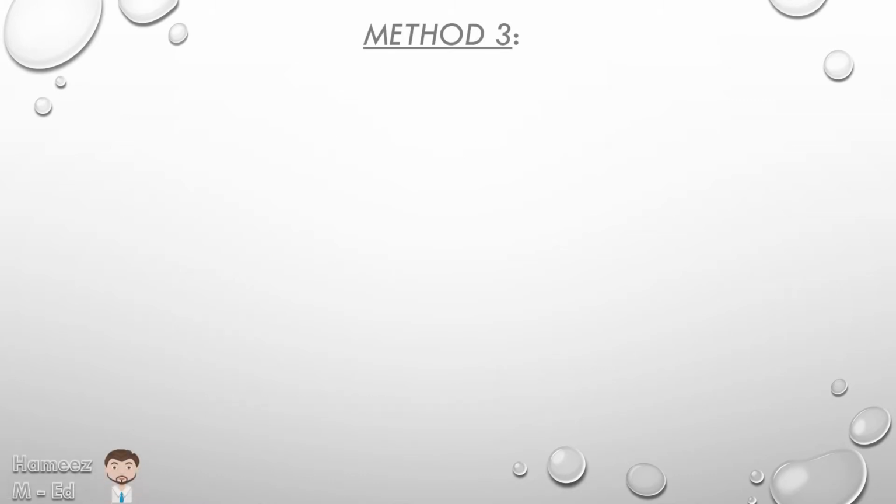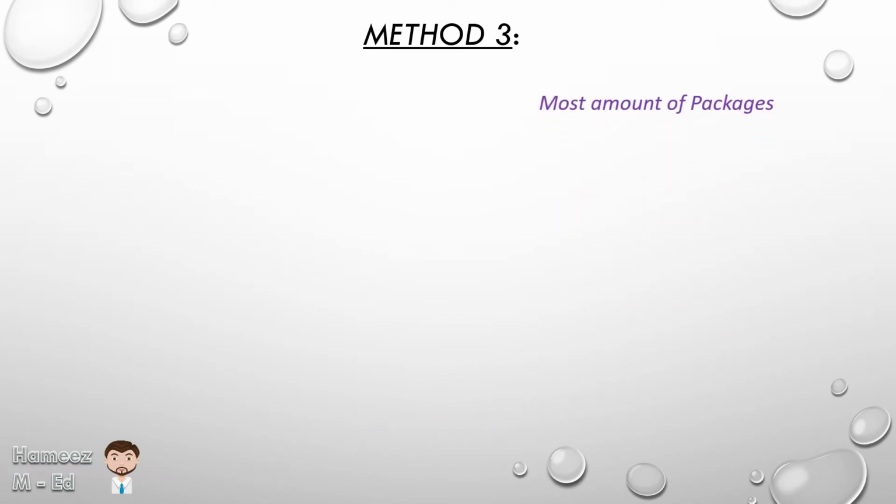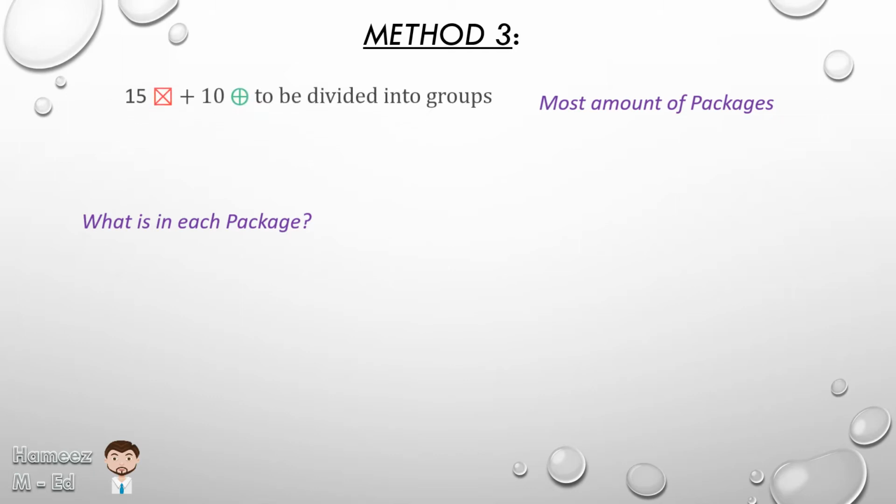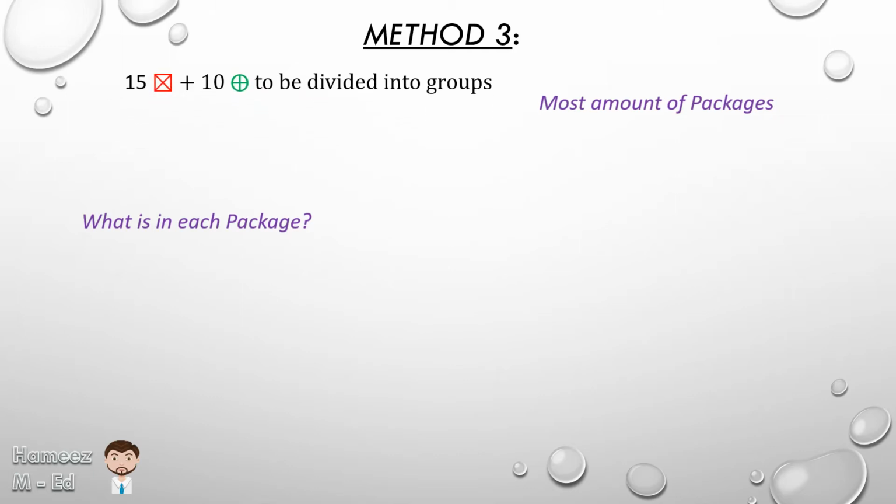This method informs us of 2 things. 1, what is the largest amount of exact packages that can be made? And 2, how many of each item forms a package? Remember, we have 15 puzzles and 10 toys to be divided. So the first step will be to find the largest or highest common factor.